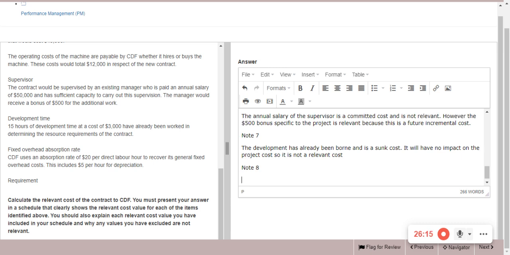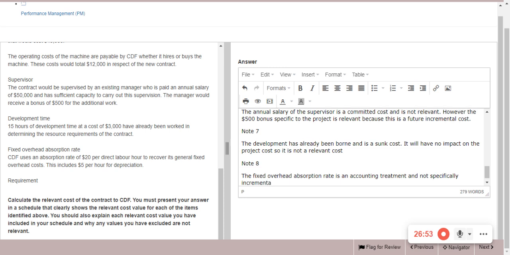In terms of note 8, let's just mention the fixed overhead absorption rate is an accounting treatment and not specifically an incremental cost, because this will not increase or decrease your fixed cost in relation to the project.